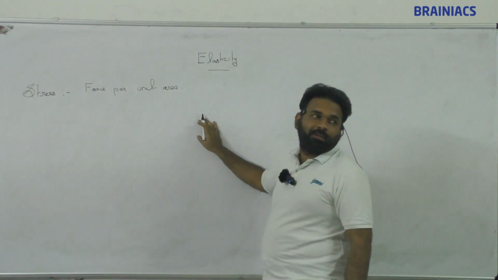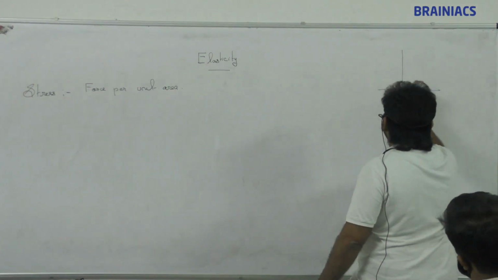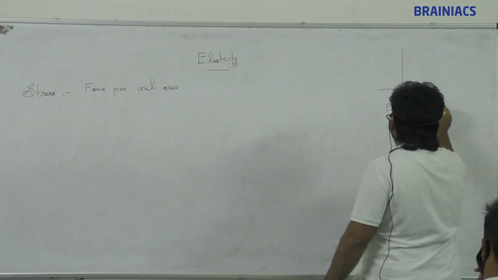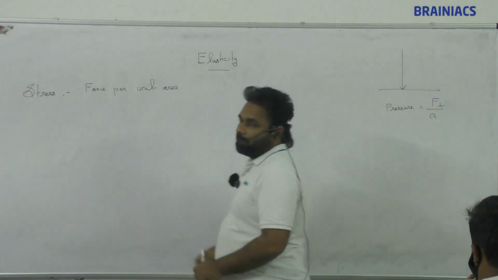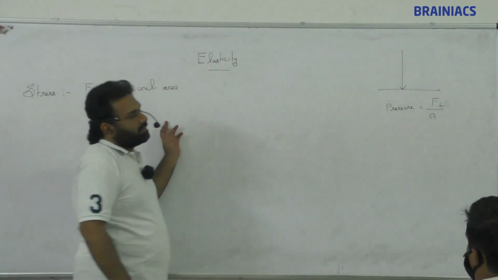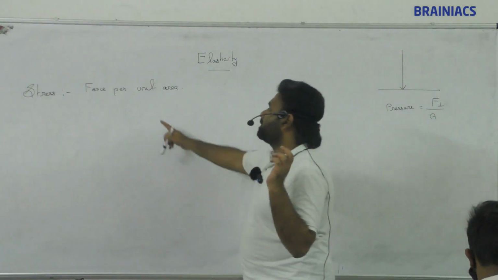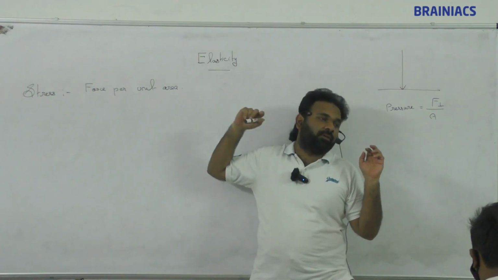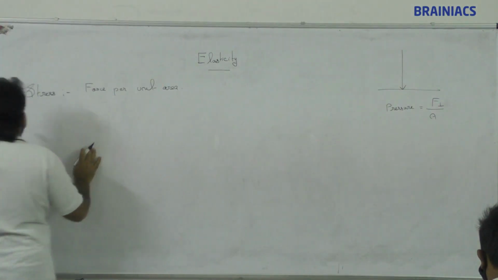Pressure also was force per unit area, but there we had given perpendicular. But stress is something else. Even though dimension-wise, stress is the same as pressure, concept-wise it is different. So stress is force per unit area.